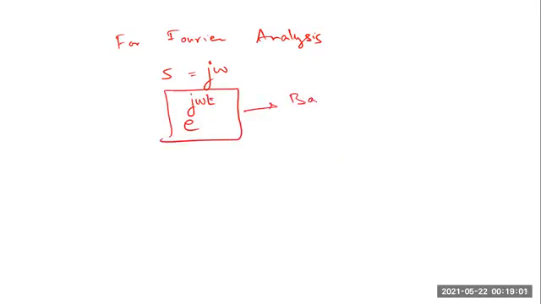So for Fourier analysis, s, which is generally complex, we will assume to be purely imaginary. As a result, the basic signal becomes e raised to power j omega t. We are going to use this signal as our basic signal.